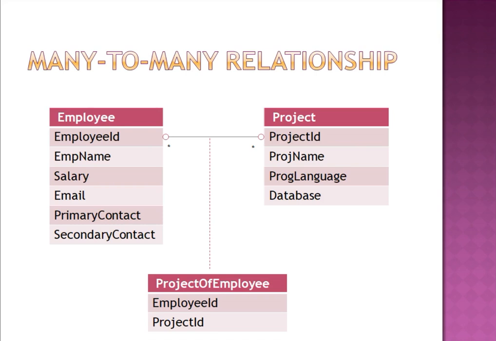Then why is it necessary to define it using Fluent API? Basically, when we configure this many-to-many relationship using Fluent API, you get more control, like what will be your foreign key in your third table. Here, as I said, I want to define EmployeeID as a foreign key.